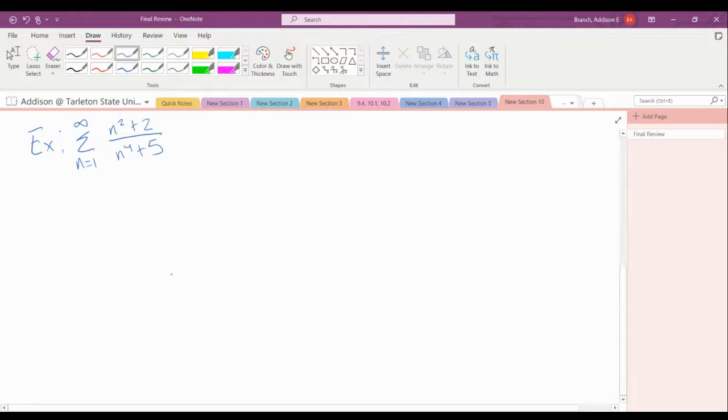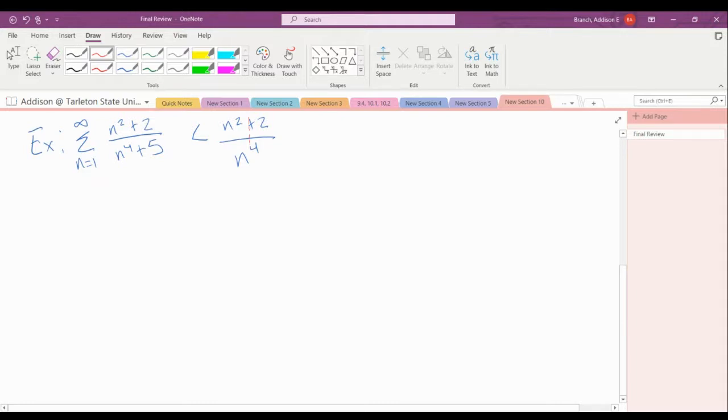It just depends on how you want to do your comparison. So I would compare this with n squared plus 2 over n to the 4th, because then we can break this up into two different fractions, whereas we couldn't if we did n squared over n to the 4th plus 5.